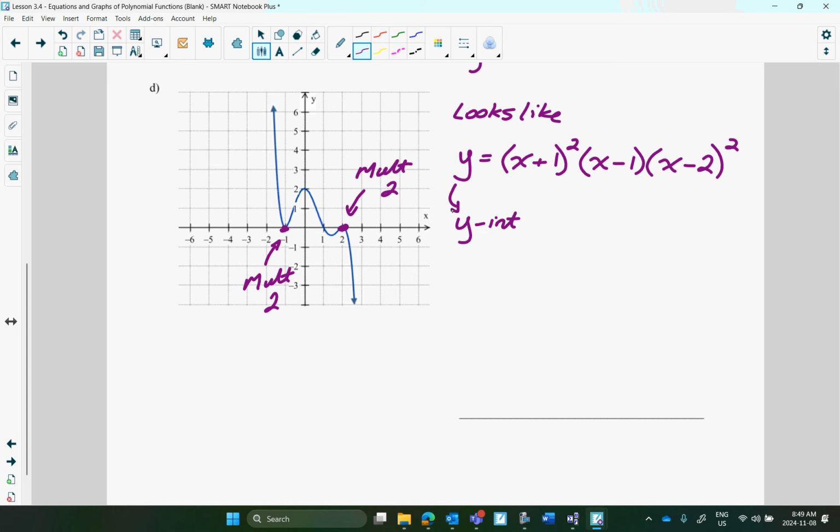The one that it looks like, what would this y-intercept be? So this is 1, -1, +4. So it'd be -4. But from the graph, it's 2. Which means, what do I have to multiply -4 by to get 2? -1/2.